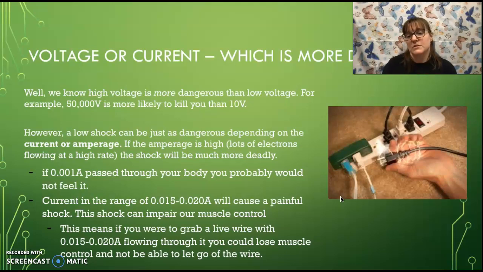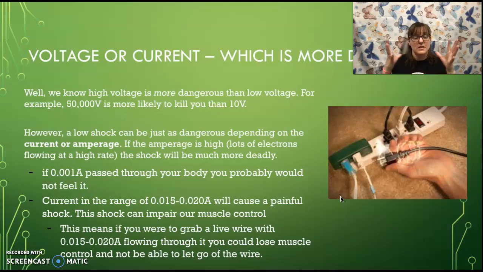If you have 0.001 amps pass through your body, you're not really going to feel it. When I was shocking myself with the Van de Graaff generator, because it's quick, it's not very much, it doesn't really hurt very much. But currents that are in the range of even just 0.15 to 0.20 can be quite painful and can impair our muscle control, because our muscles, opening and closing, contracting and relaxing, are actually also controlled by electricity.